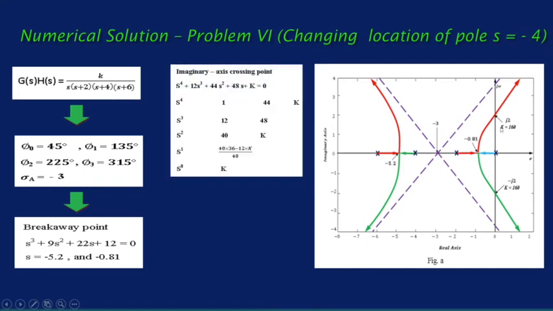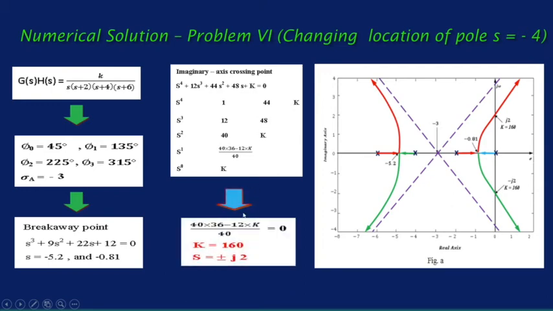Then find the crossing point of K and the value of s using the Routh array. So taking the characteristic equation, define this Routh array. Then if this is equal to 0, we get K equal to 160. Taking the auxiliary equation, 40s² + K = 0, put K equal to 160.